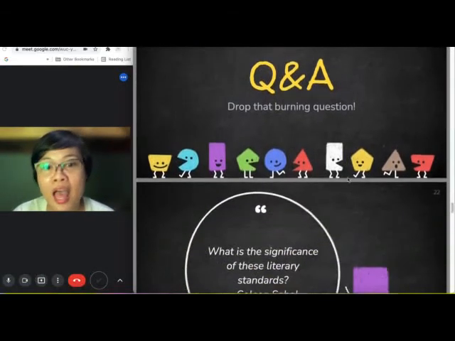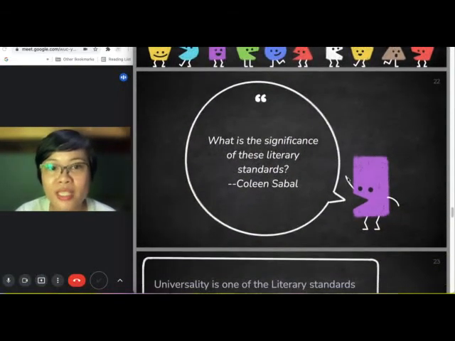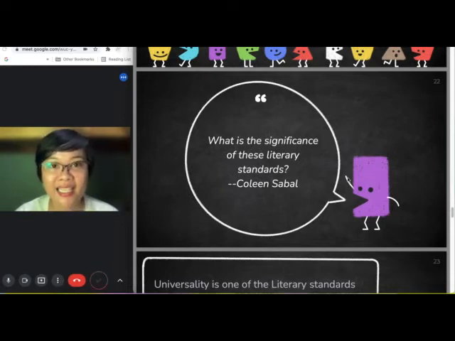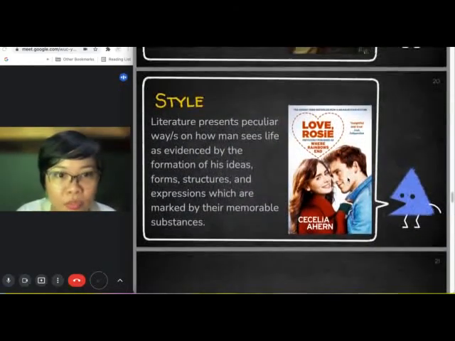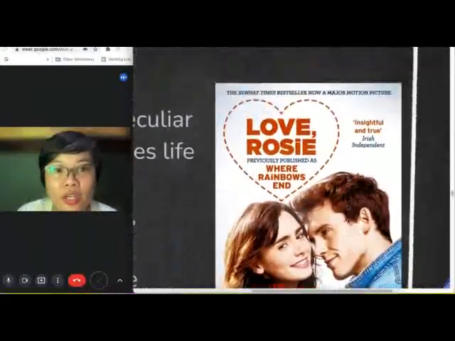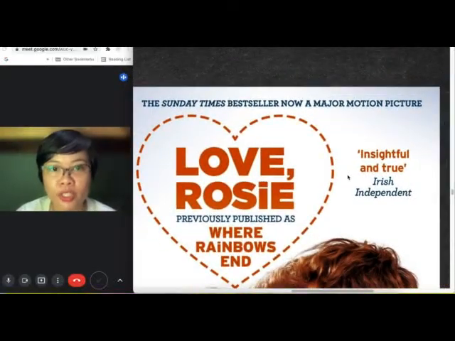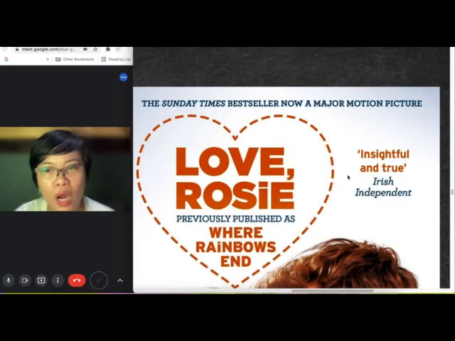Alright, so the first question is, what's the significance of these literary standards? It is significant because these standards set the bar. What do we consider as literature? What do we consider as the best in literature? If you look at, for example, this one, you have the term here, bestseller, major motion picture.